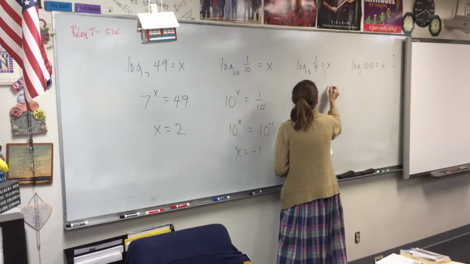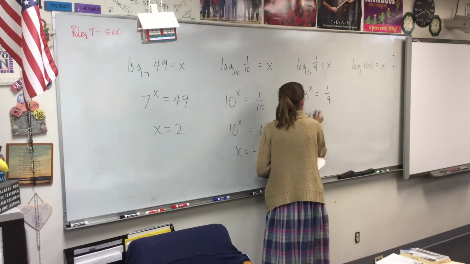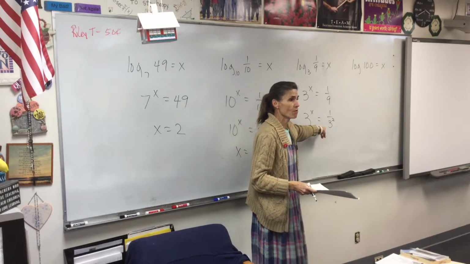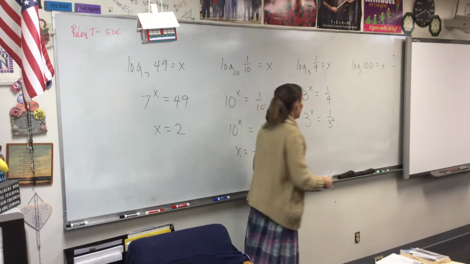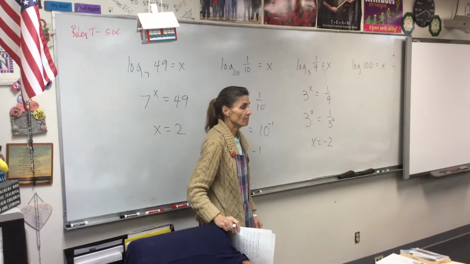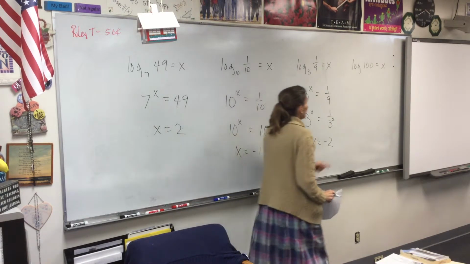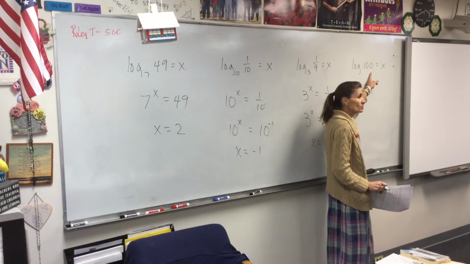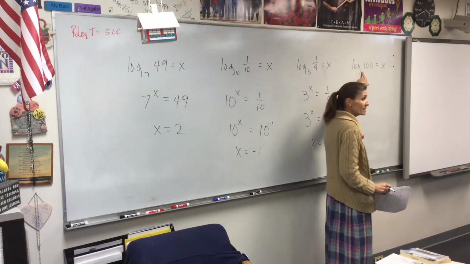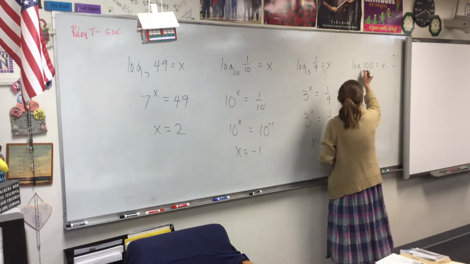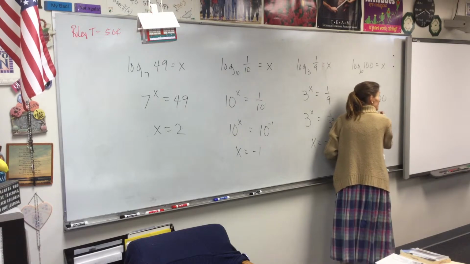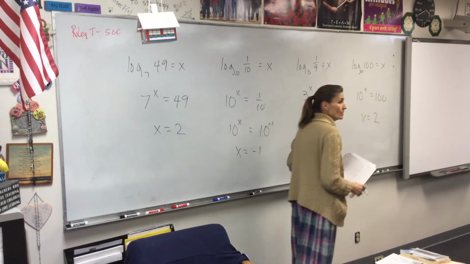Oh, if you said negative 2, you are right. Because this is 1 over 3 squared, which means the exponent is negative. Beautiful. All right. How about this one? What's the base? 10. So 10 to the x is 100, so x has to be 2.